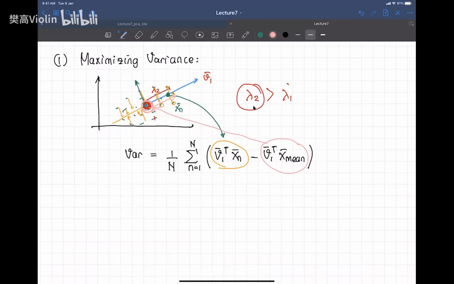Okay, so yes, that's true. I just want to emphasize that this is understood first. And if we want to maximize the variance, to get the meaning of the variance, it has to be squared.